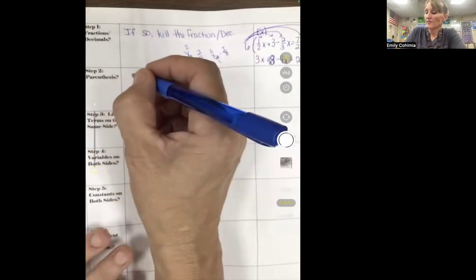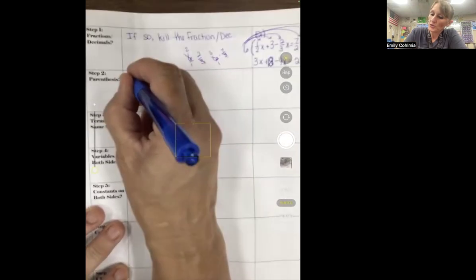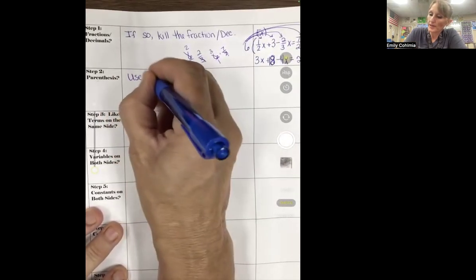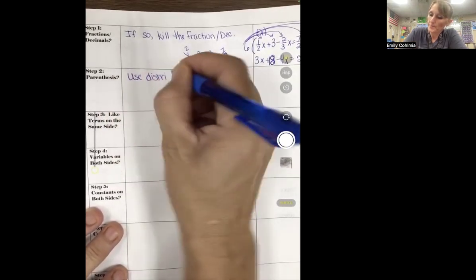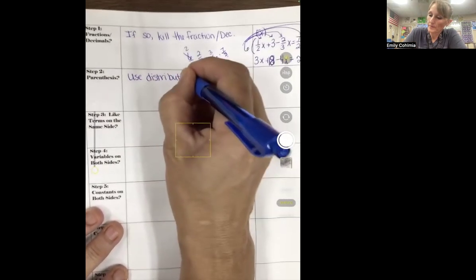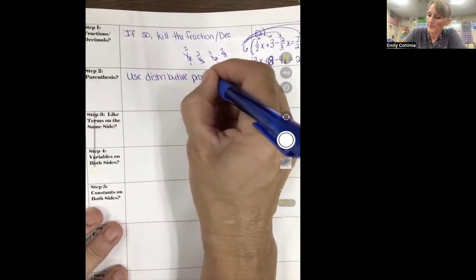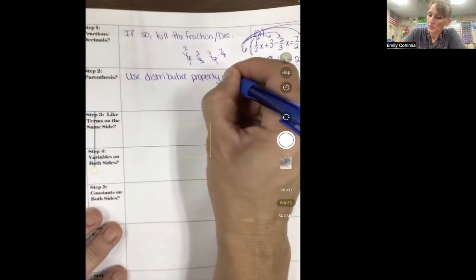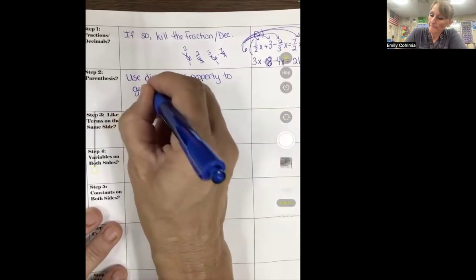So step 2 is parentheses. Are there parentheses? If there are parentheses, we are going to use distributive property to get rid of all parentheses.